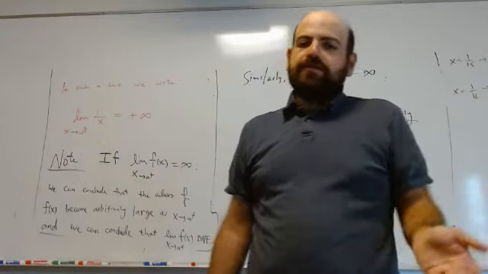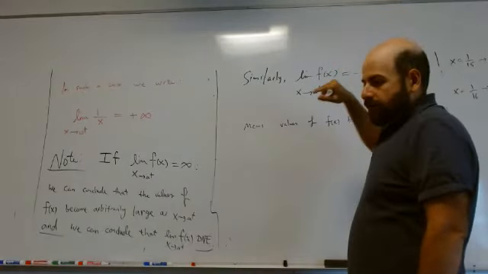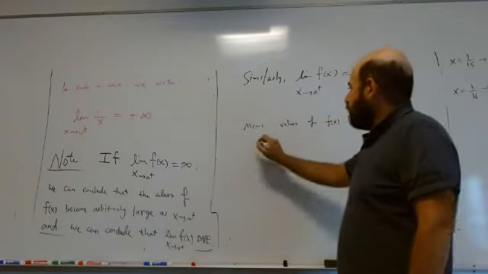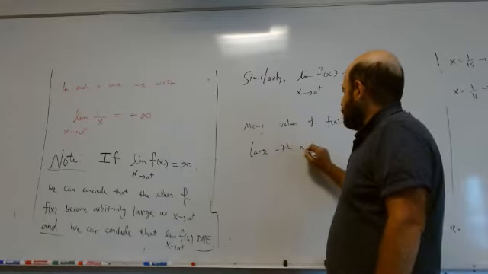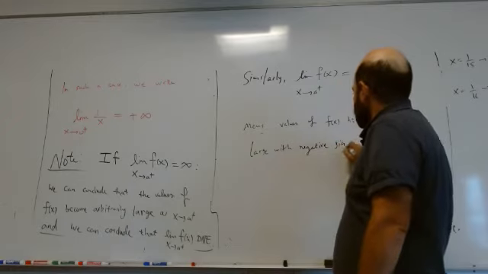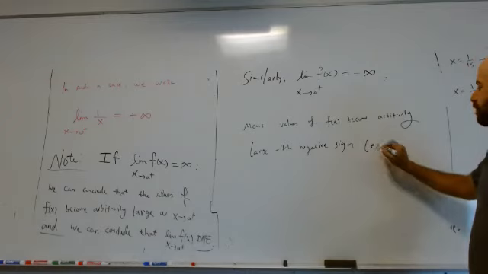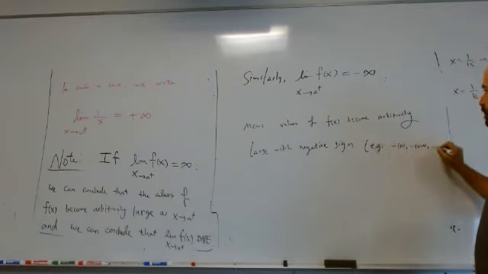So let me say values of f(x) become arbitrarily large with negative sign. For example, like I said, minus 100 or minus 1,000.